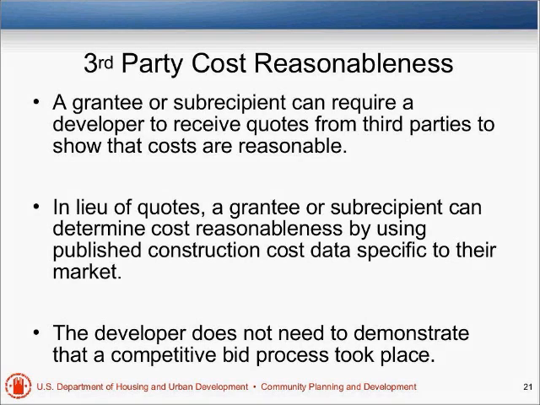You can also use published construction data, and often if people use this, they hire an outside party to compare what the costs are for this proposed development versus what the prices are in their market. And as we noted, the developer does not need to demonstrate that a competitive bid took place.